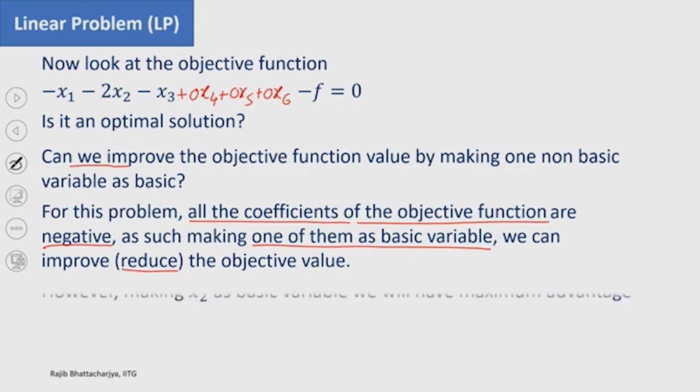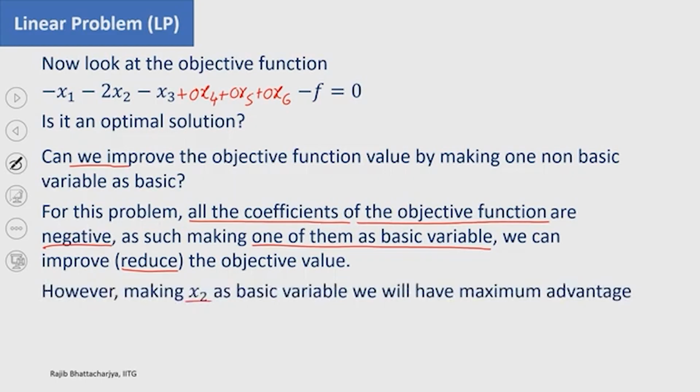Now, if we make x2 a basic variable, we will have maximum advantage. Why will we get maximum advantage? Because x2 has the largest negative coefficient out of x1 and x3. So, we will get more advantage if we consider x2 as a basic variable in place of, suppose, x4, x5 or x6.